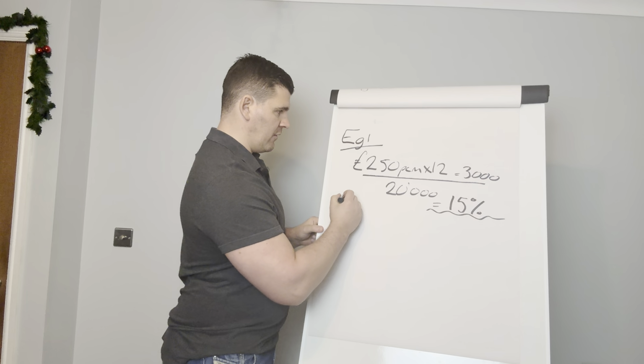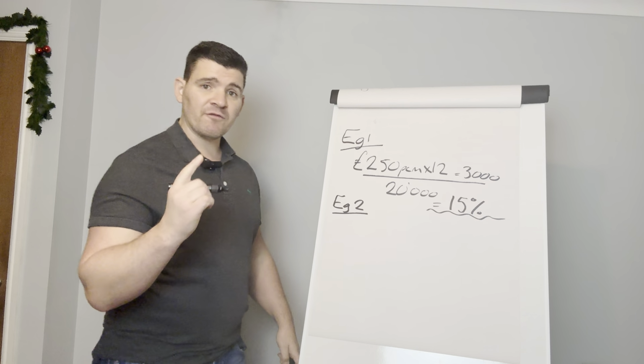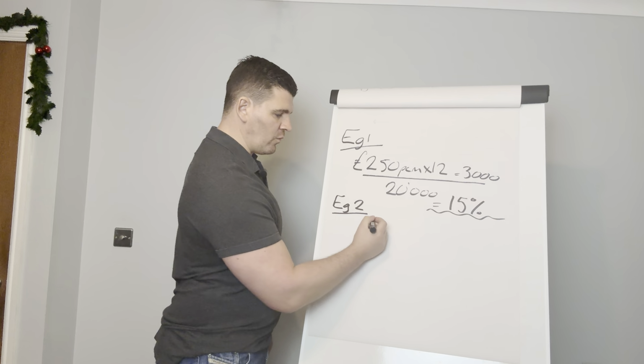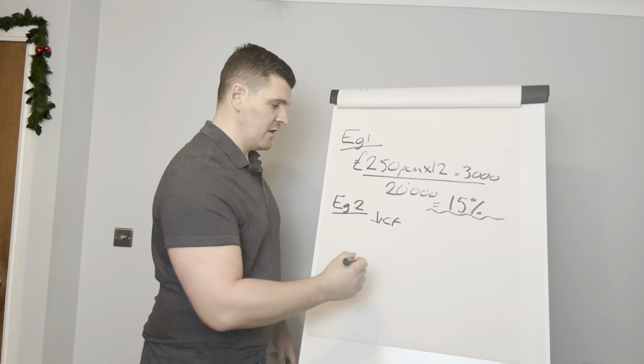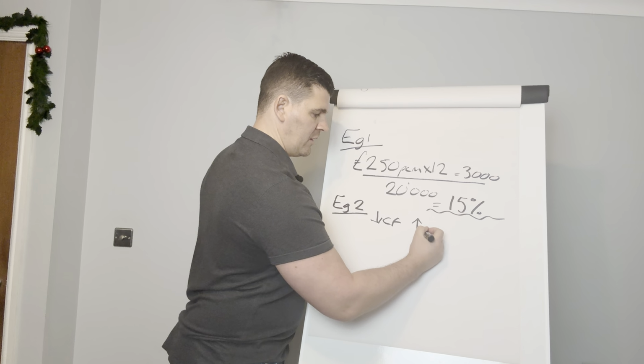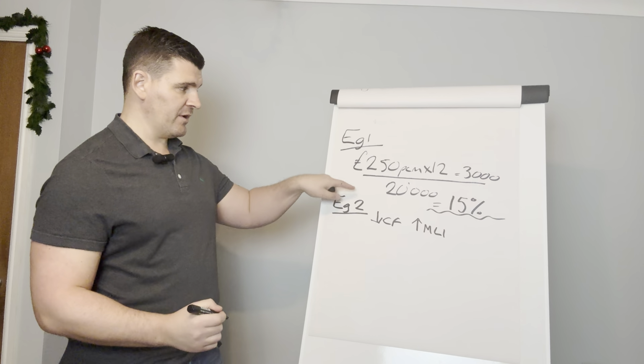Now, let's go for example number 2. The variables in this, we're going to have less cash flow, CF, and we're going to have more money left in. So we'll pretty much use the same things.